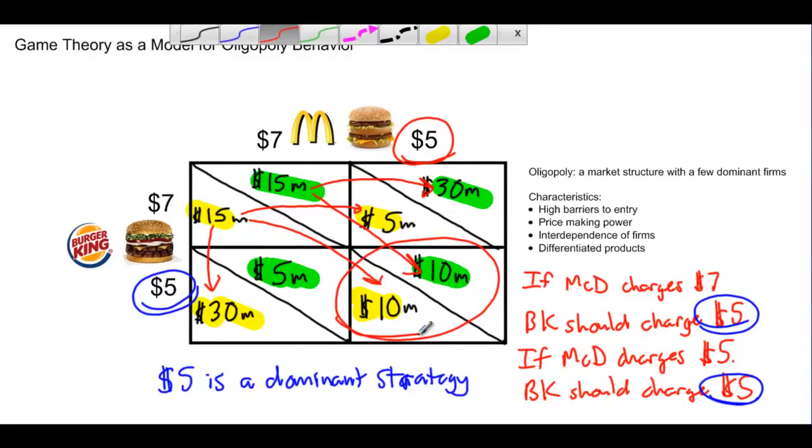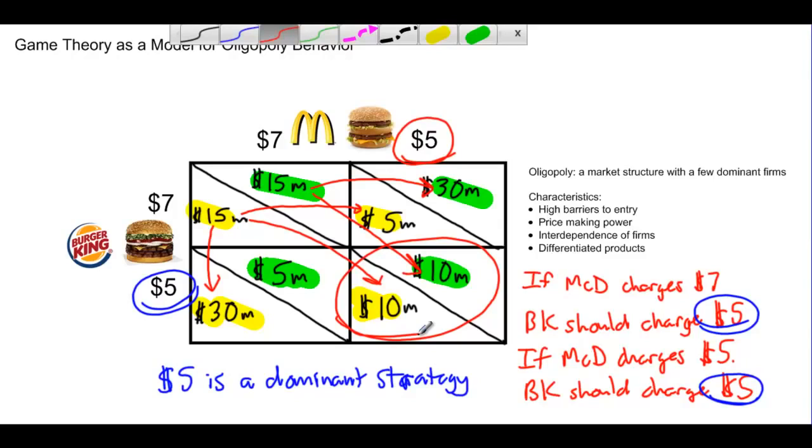The behavior of oligopolistic firms is highly interdependent on the behavior of competitors. This is what game theory shows us. This is called a game because it's basically a two-move game. Firms can either charge a high price or they can charge a low price. There are other games we could play besides those with just price.